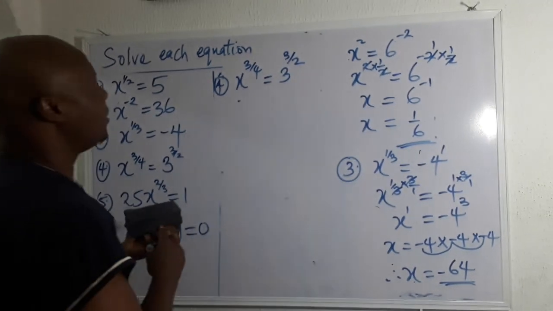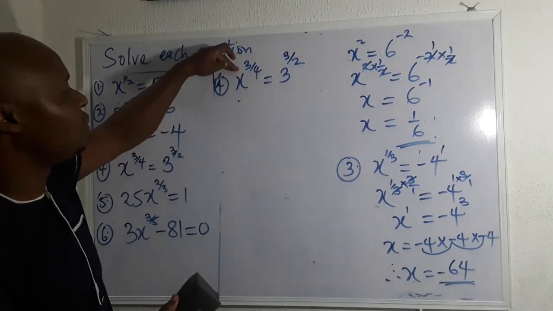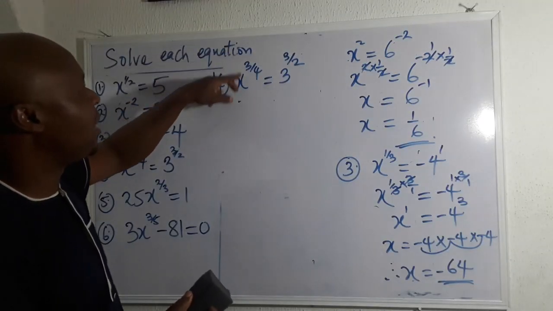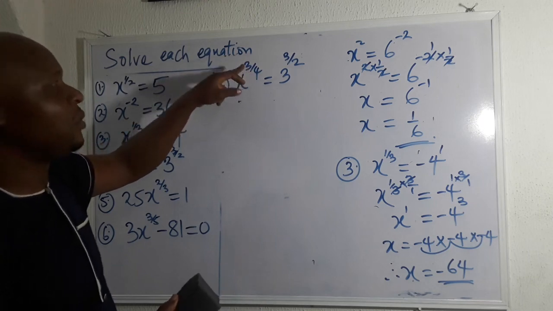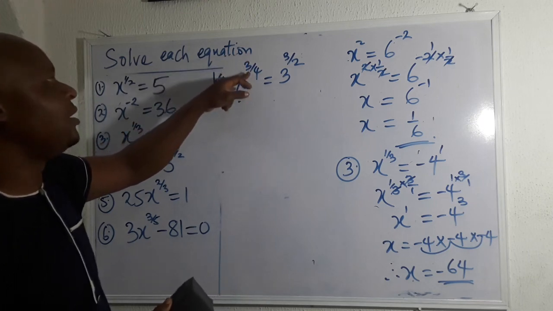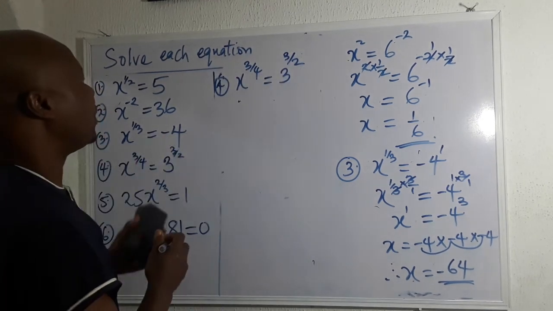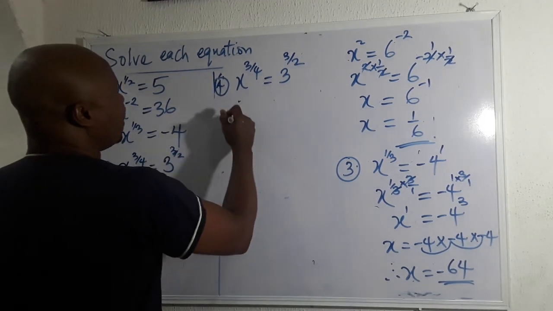Now, to solve this, the same thing, we are interested in x, so the power of x is not 1. So to make it 1, we multiply the power of x by the reciprocal of it, so that we can get 1. Whatever we use to multiply it, we use to multiply the power on the right hand side as well. So now, clearly the reciprocal of 3 over 4 is 4 over 3. So we'll do that.